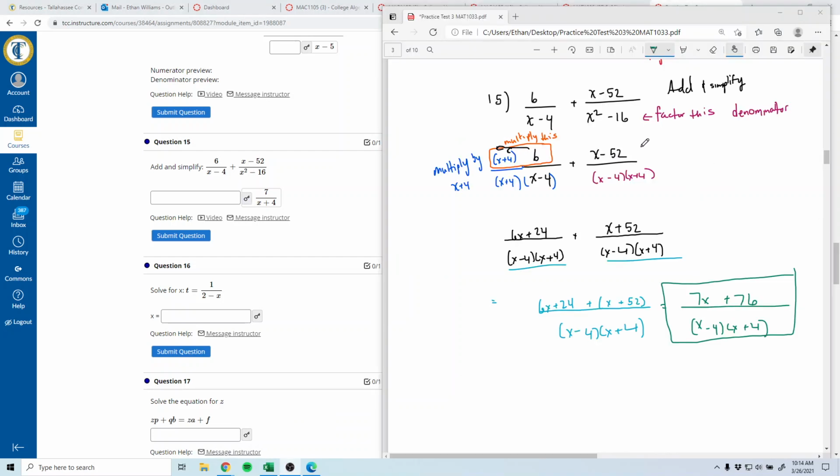Oh, I didn't even realize it as I was going, but it's x minus 52 in the problem, and then I changed it to x plus 52. So if you're following along, you probably thought, why did I change that? I did not mean to change that. It should be x minus 52.